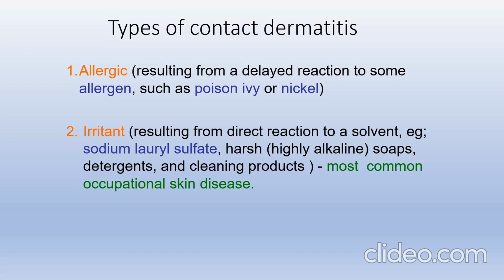Allergic results from delayed reaction to some allergens such as poison ivy or nickel. Irritant results from direct reaction to a solvent, for example sodium lauryl sulfate, harsh soaps, detergents, cleaning products. That is the most common occupational disease.